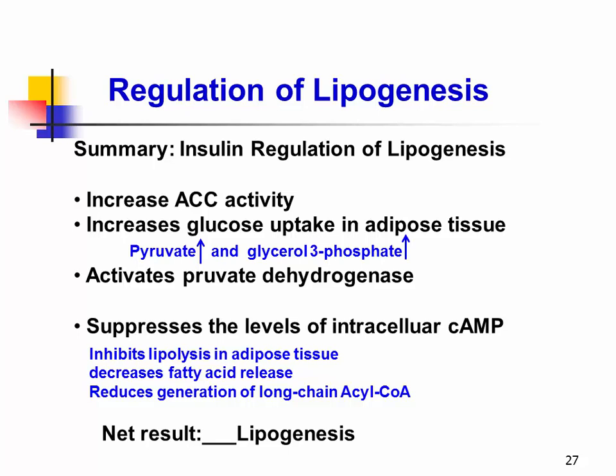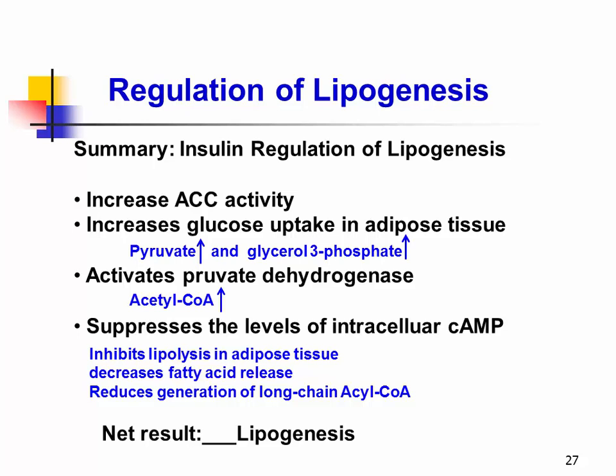I'm sorry, I probably shouldn't list the second reason here, because that is about triglycerides. Insulin also activates pyruvate dehydrogenase, so it can increase the production of acetyl-CoA.